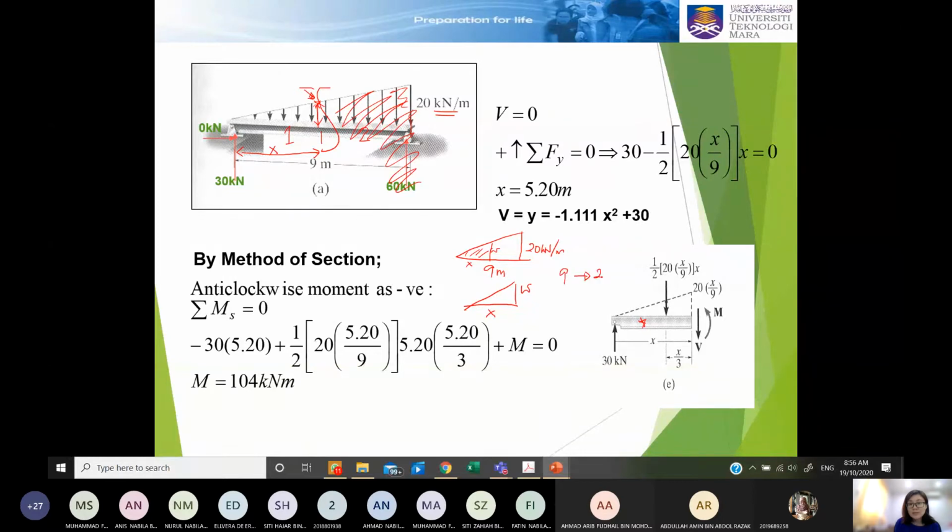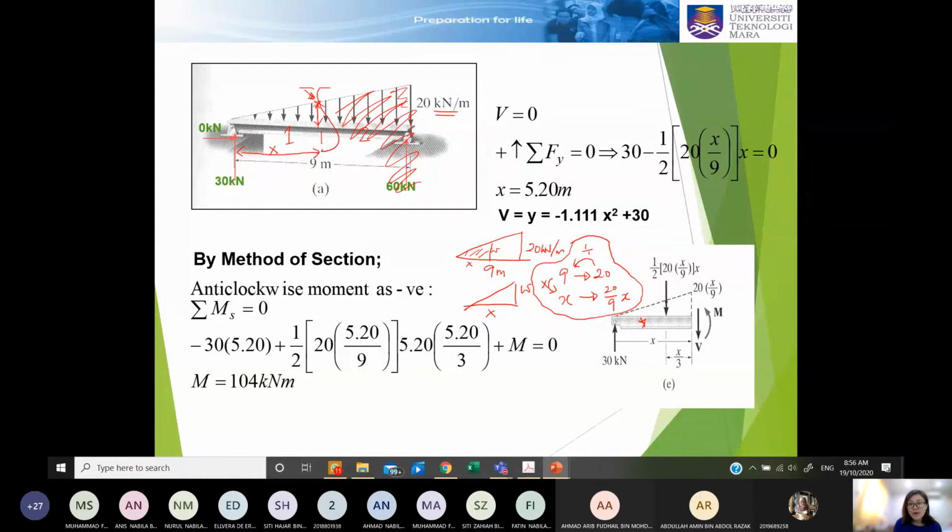9 is 20, so X would be... This is what I always use to solve the proportionate or ratio problem.